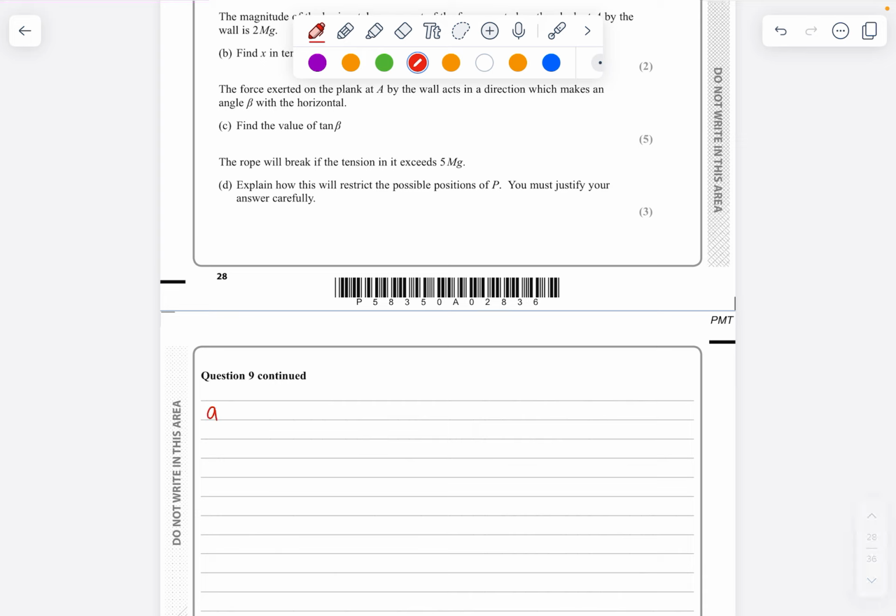For A, I'm going to use A as my pivot, and I'm going to resolve vertically. The vertical component of my tension is T sine alpha, and as A is my pivot, the distance from the pivot is 2a.